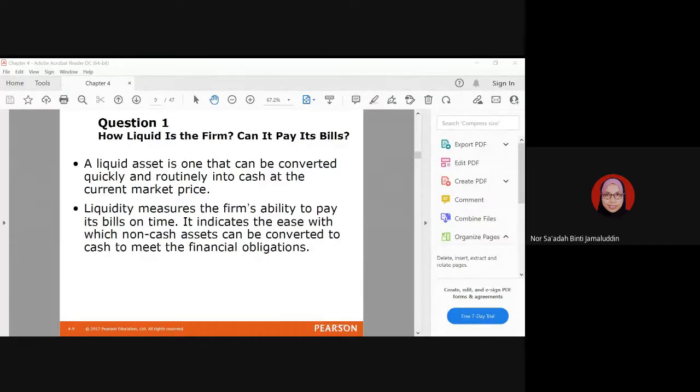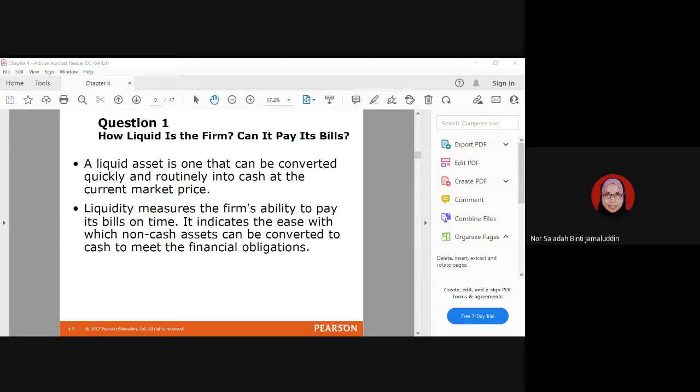Ini adalah berkaitan dengan kecairan lah, tahap kecairan. Bila kita membicarakan liquidity, this measures the firm's ability to pay its bills on time. Macam mana satu firma tu mampu nak bayar satu bill yang ditanggung tu pada masa dia. Dia akan berkait dengan aset, benda-benda di bawah current asset, iaitu inventory, cash and so on, right?